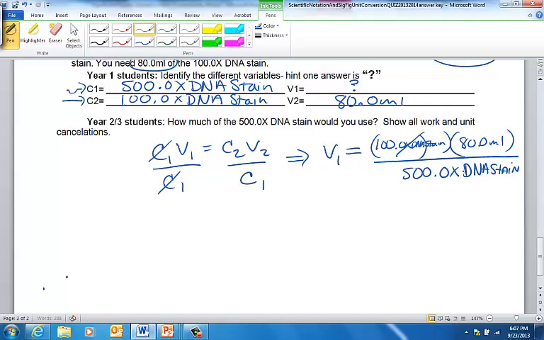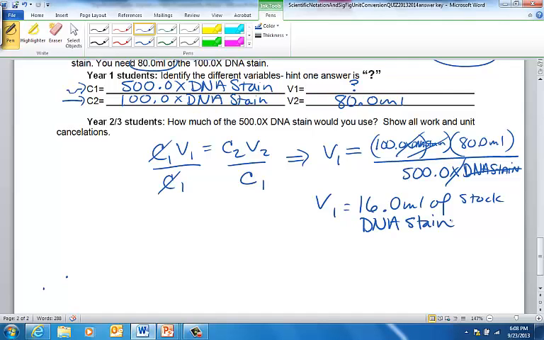Our units of X cancel out. Our DNA stain cancels out. And when we solve for V1, you find that it's 16.0 milliliters of stock DNA stain.